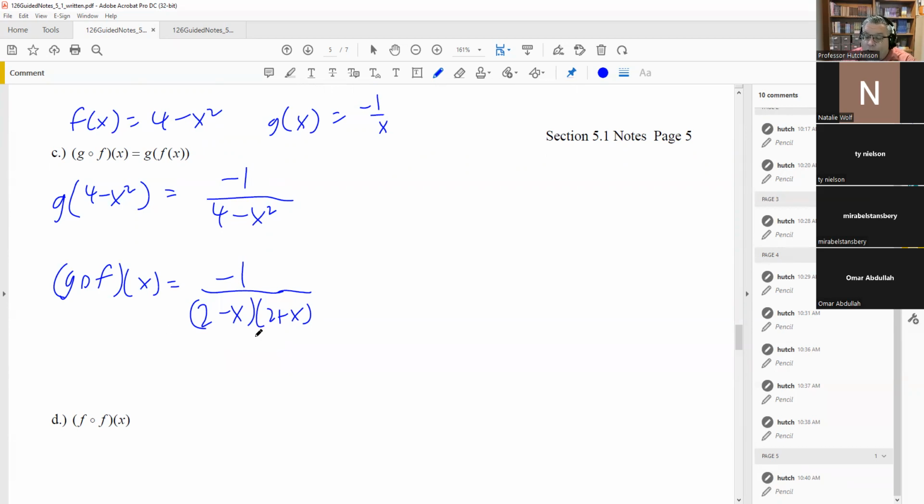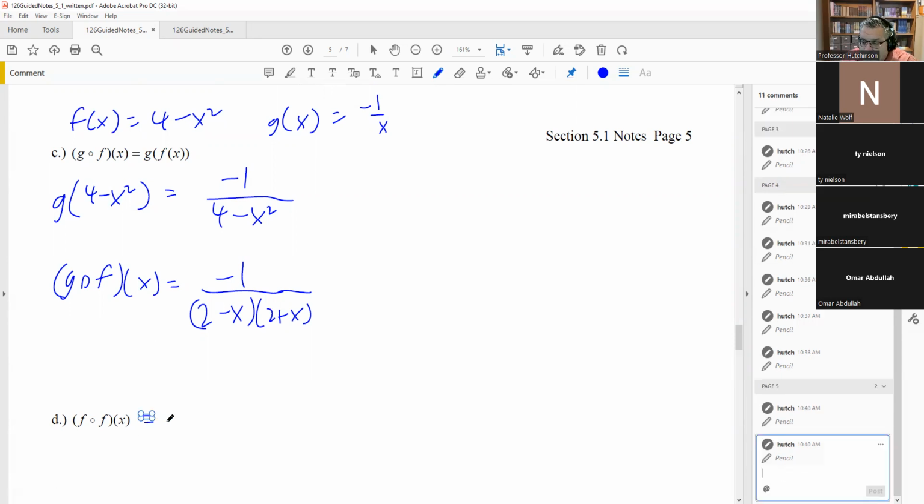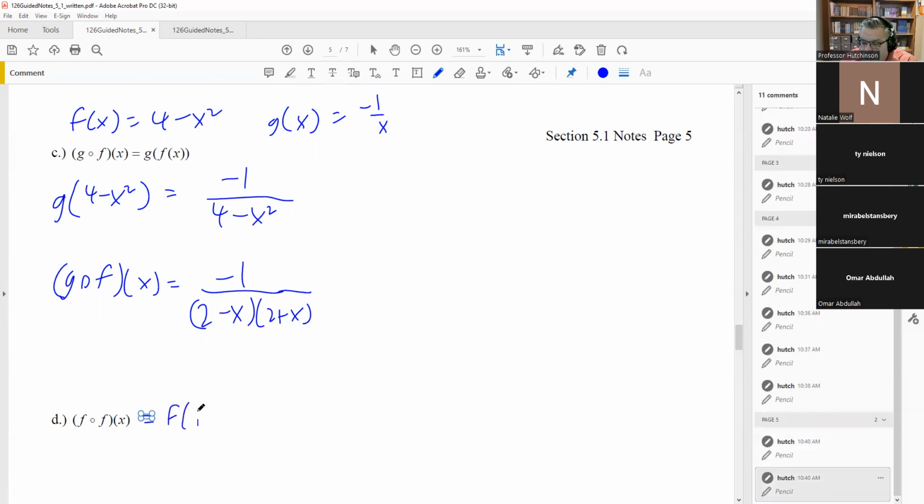Next, we're going to do f of f of x. So this one didn't have the definition written out, so we have to provide the definition this time. That's what it would look like. You're just taking the f and you're putting f of x inside of itself. What that would look like here is f of x is 4 minus x squared. So I'm putting 4 minus x squared in for the f of x.